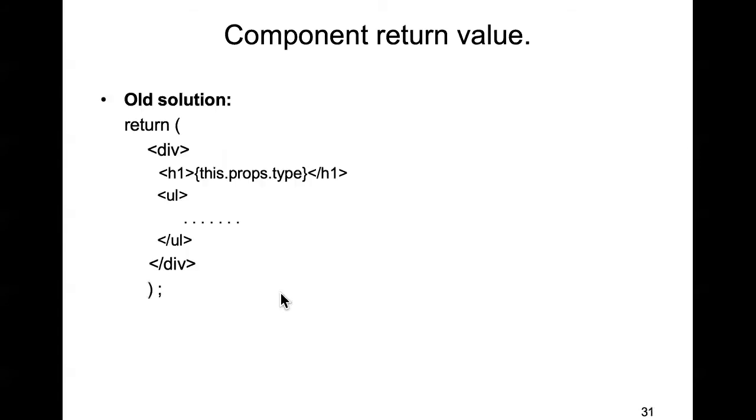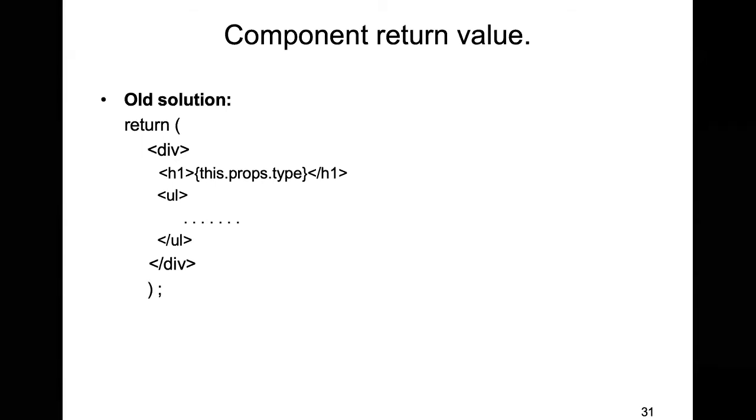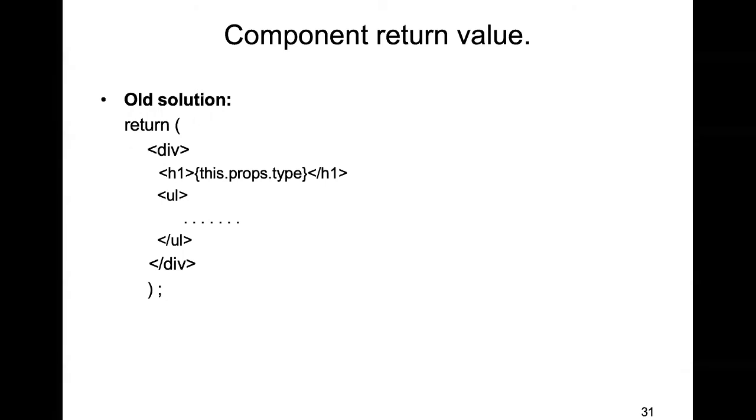Now, that solution of wrapping it in the div was the solution in the early days of React. But of course, what it meant was if you had a very complex React application where you've got lots of components nested inside other components, very deep nesting, then you had all of these unnecessary divs, and the divs were actually contributing to the depth of your DOM data structure.